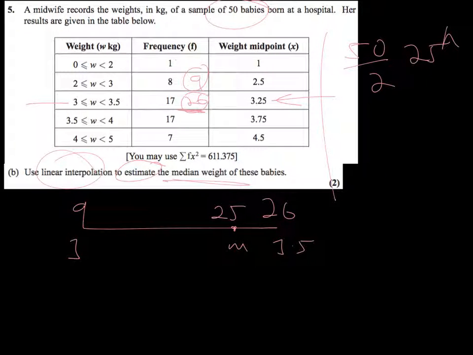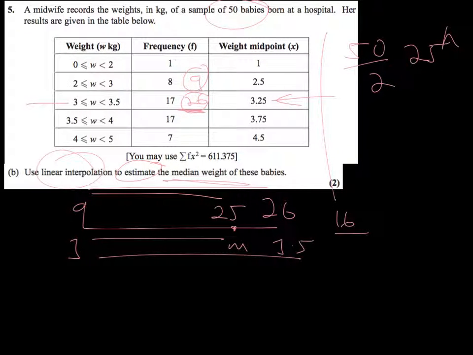So we can now use these proportions to find the value of m, because we know that the ratio of this distance to this distance is going to be the same in both instances. So 25 minus 9, which is going to be 16, over 26 minus 9, which is going to be 17, will be the same as the median, which we can say is Q2 minus 3 over 3.5 minus 3, which is going to give you 0.5.